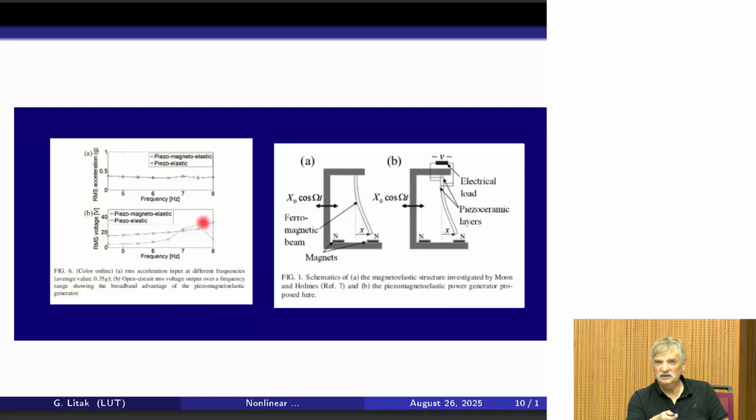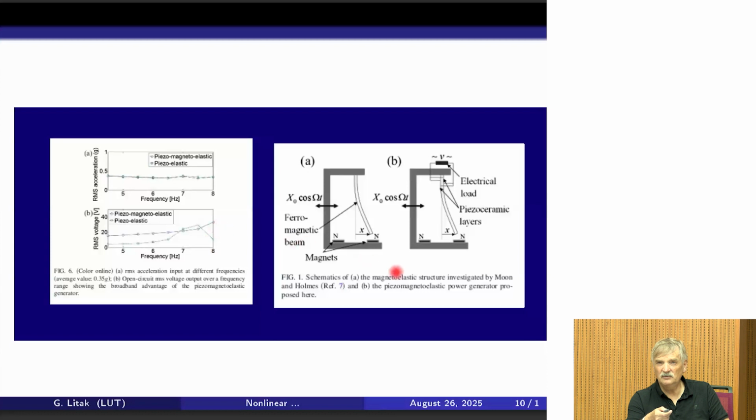So they found that if you look at the system without magnets, this is like a linear system, and you can see that there is a maximum point somewhere here for the frequencies around 7.